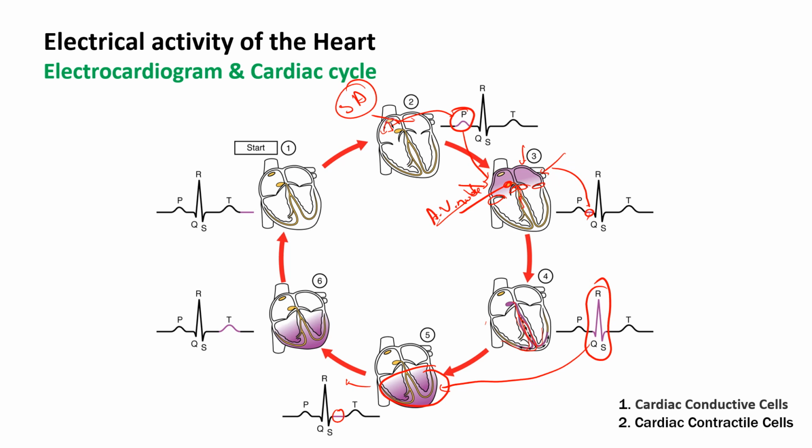And then eventually when the ventricles relax, that relaxation is what we call the T wave, and it describes repolarization of the ventricles. The QRS complex, depolarization of the ventricles. The P wave is depolarization of the atria.